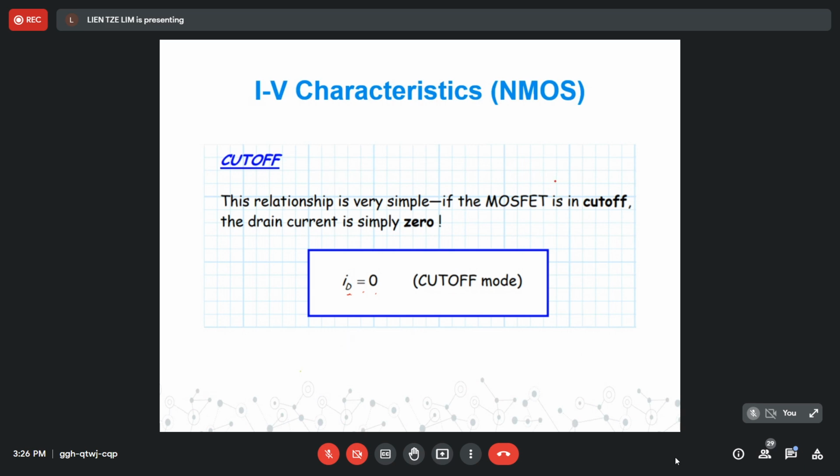The answer is already here, so there's no point I ask you. It is in cutoff. So when the NMOS is in cutoff, the drain current is 0. No drain current, no load current. You need to always remember this.